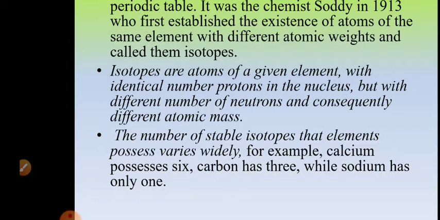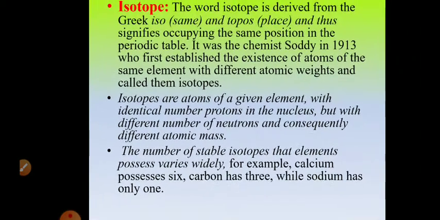The number of stable isotopes that an element possesses varies widely. For example, calcium has 6 different isotopes. Carbon has 3 different isotopes. Sodium has only 1, Na-24, like that. So, isotopes are atoms of a given element having identical number of protons but different number of neutrons, and so having different atomic mass.